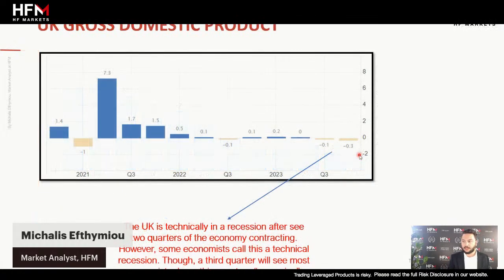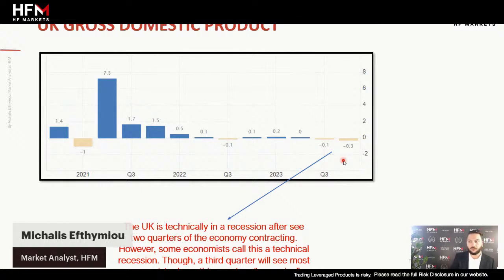What we also need to take into consideration is that the UK economy has decreased over the past 2 quarters. So technically, they're in a recession. Not most and not many economists would actually consider that the UK is in a recession.